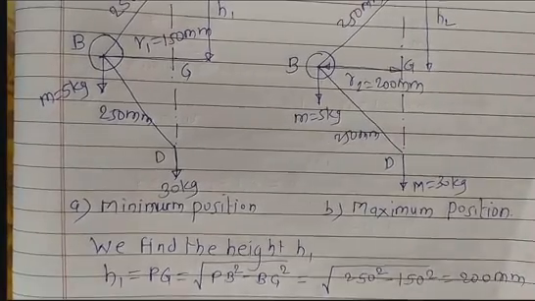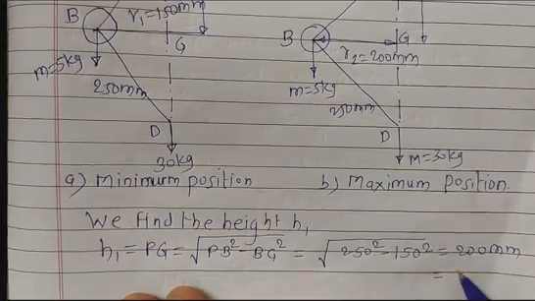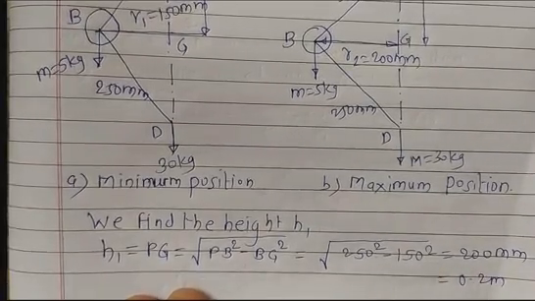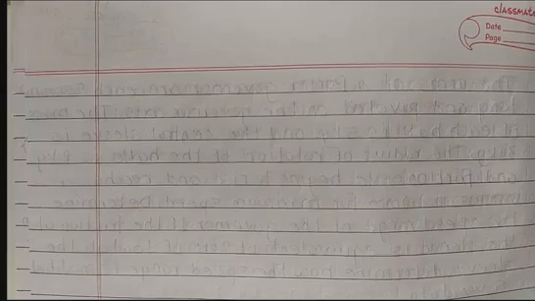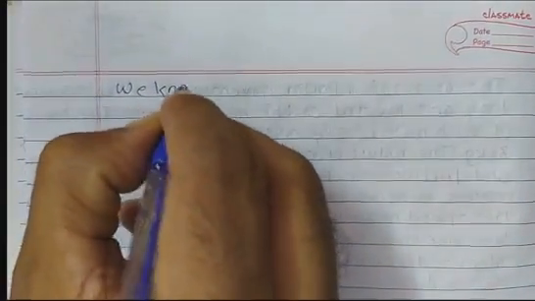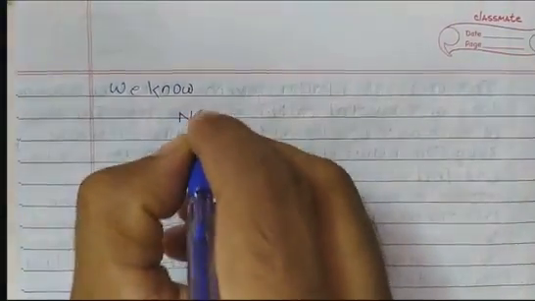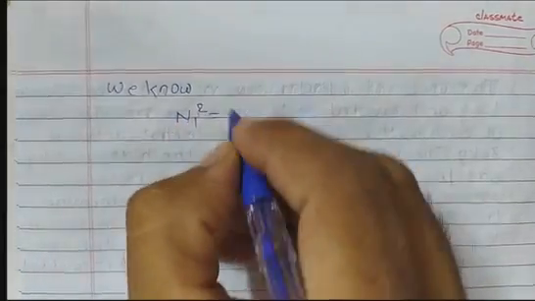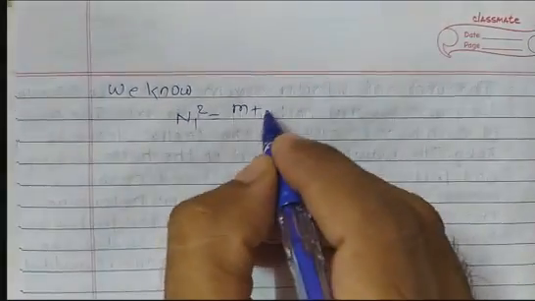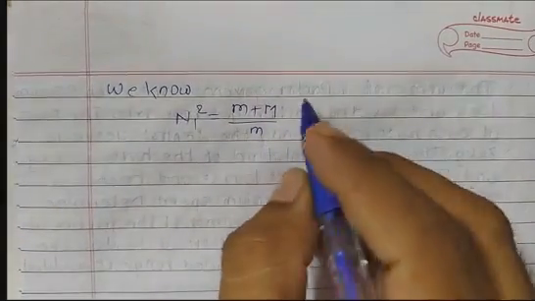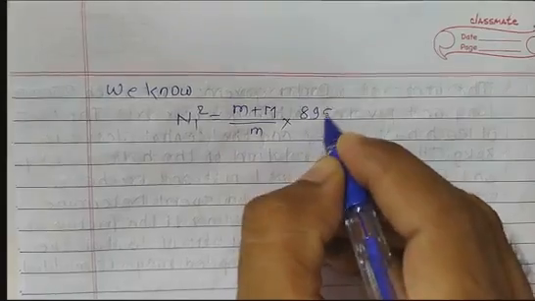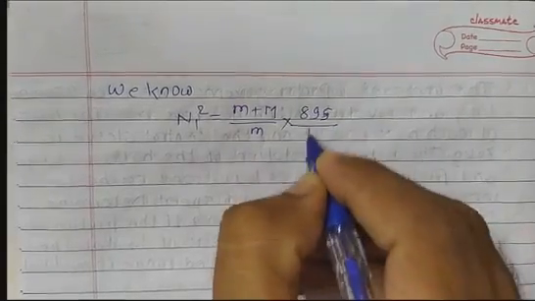The next step, convert this into meter. Now we know N1 square is nothing but small m plus capital M by small m into 895 divided by h1.